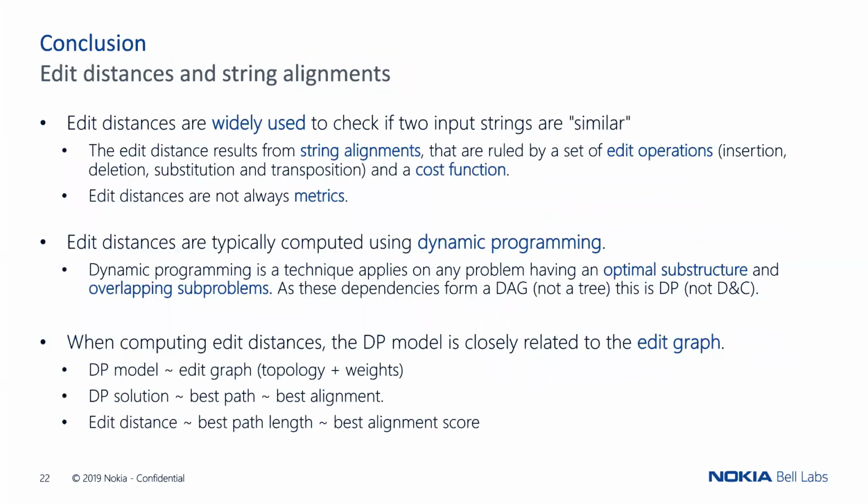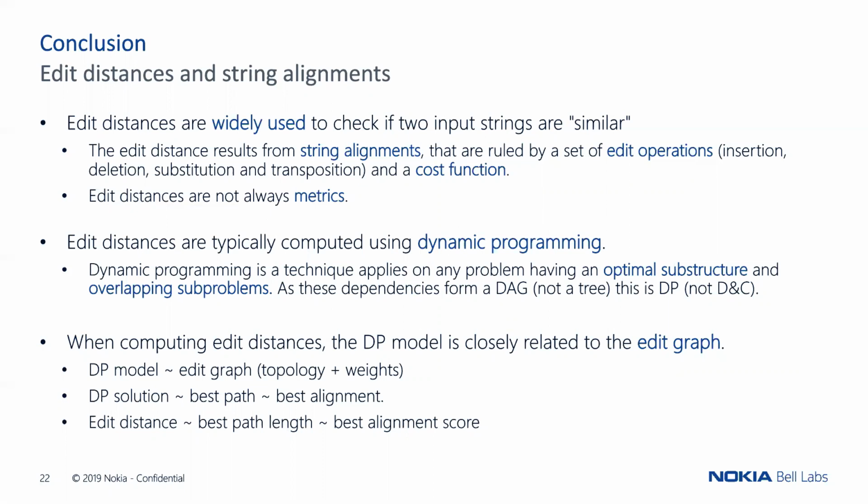So to conclude, what you have to keep in mind is that edit distances are widely used to check whether two input strings are similar. All of them are built on a set of edit operations combined with a cost function, and edit distances are not always metrics.